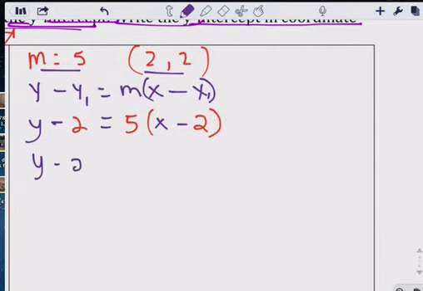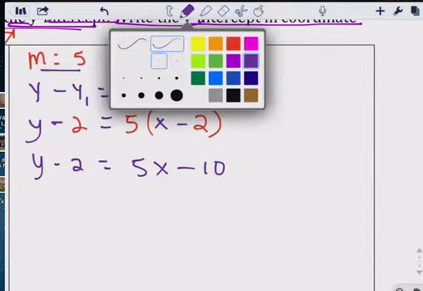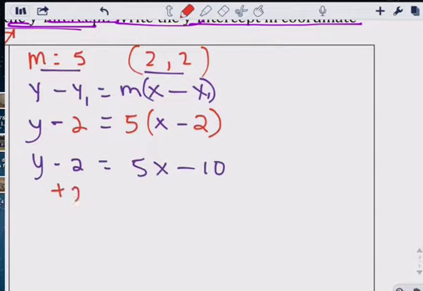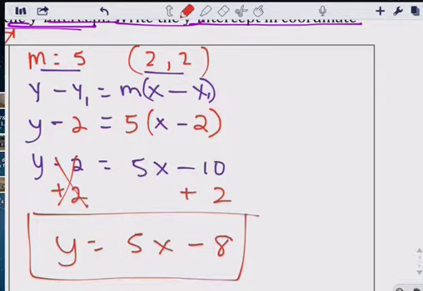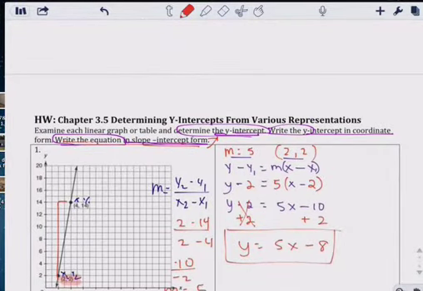Y minus 2 equals 5x minus 10. Add 2, because we want y equals, that's 5x minus 8. Alright, that answered one of the questions right here.